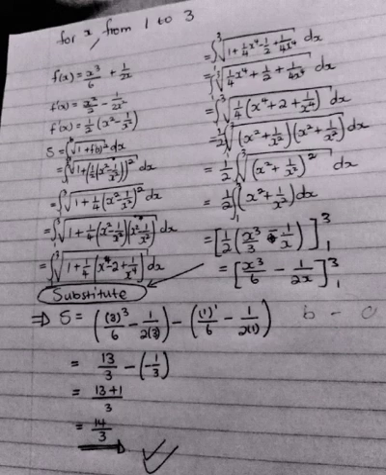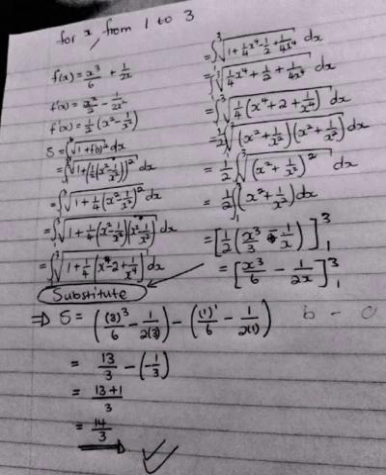The b represents the higher value and the a represents the lower value. Then the square root of 1 plus the derivative of the function squared, then the dx outside of the square root.